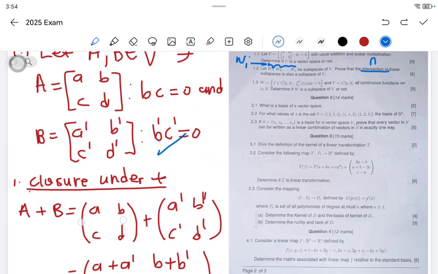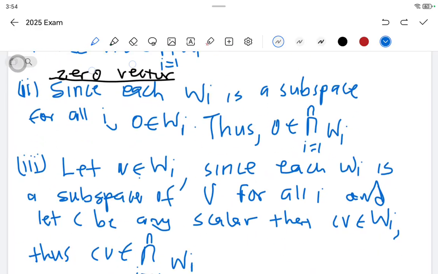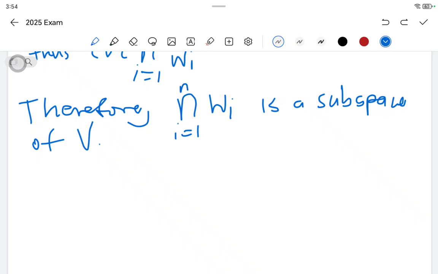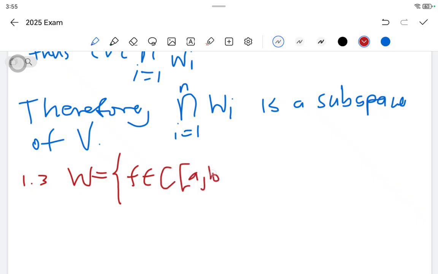W is equal to f, okay. And it's 1.3. This says W is equal to f, an element of C, continuous over the closed interval [a,b], such that the integral from a to b of f(x) dx should be equal to 0.